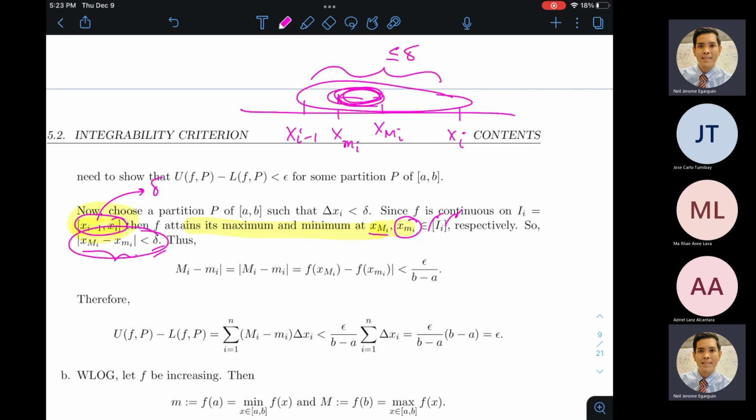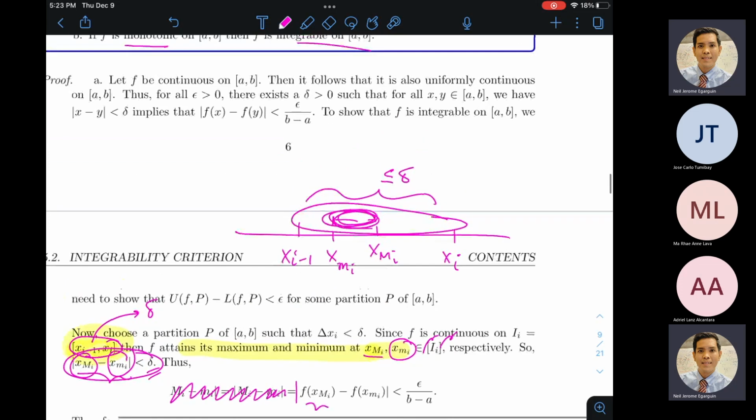Now, the condition, right? Siguro pwede ko na itong burahin. Okay? Yung function value dito minus yung function value dito dun sa definition ng uniform continuity, function value at x, function value at y, whenever x and y are within delta units from each other, will be less than epsilon over b minus a.